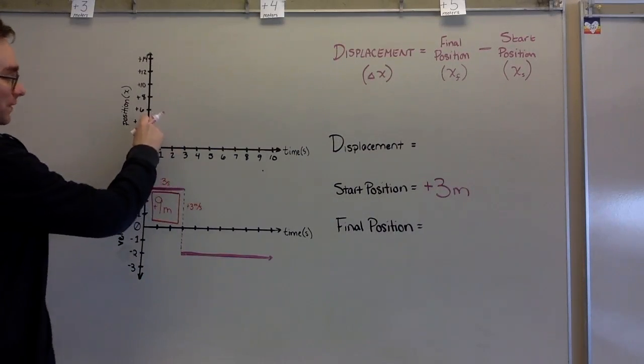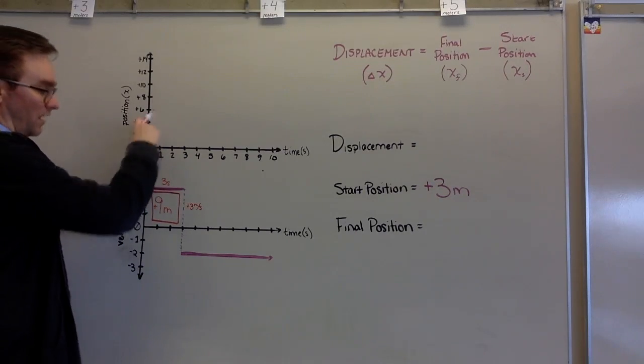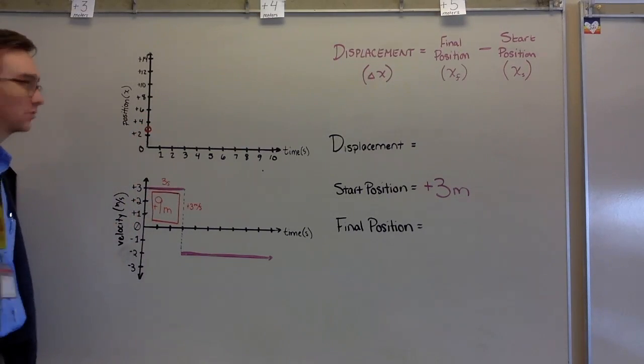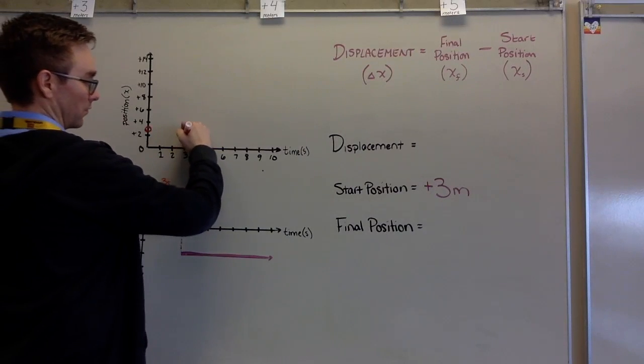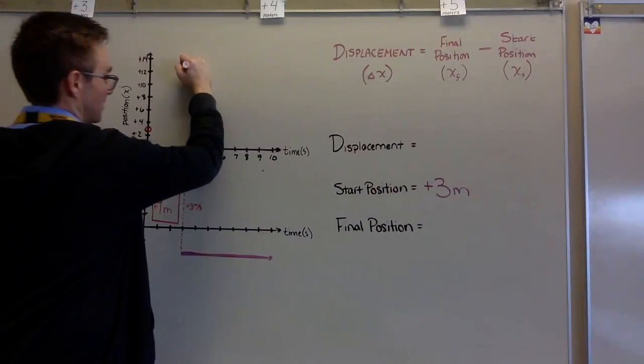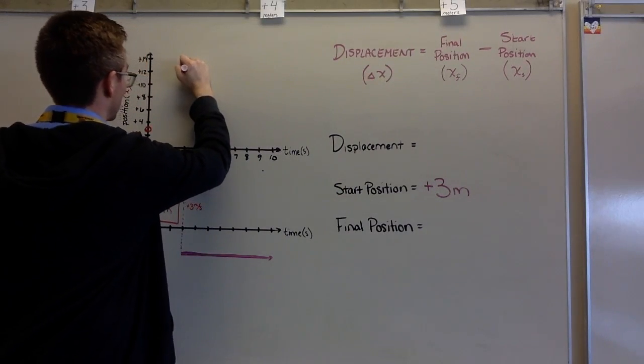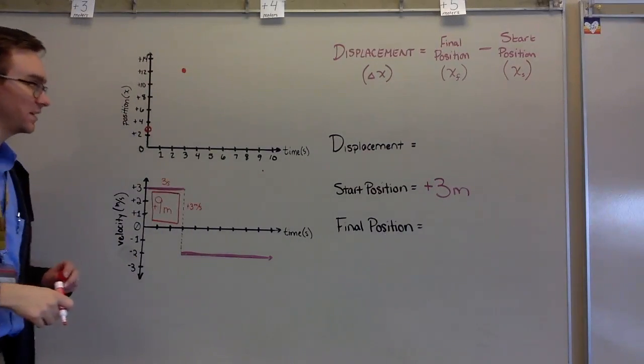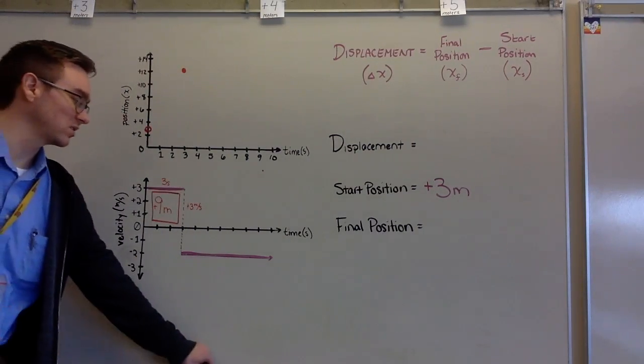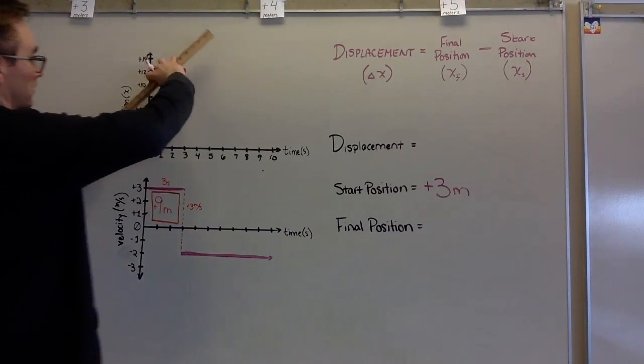Which means I went from here, and I went 9 meters in the positive direction in 3 seconds. So in 3 seconds, I would end up at positive 12 meters. That's where I ended up during that 3 seconds based on the area.